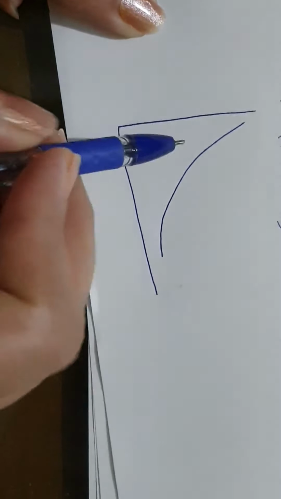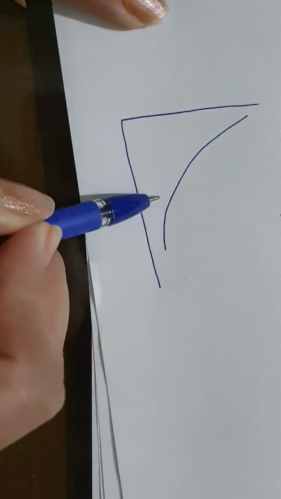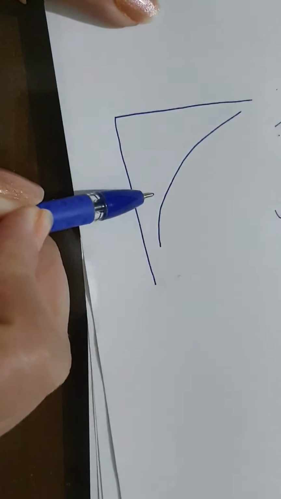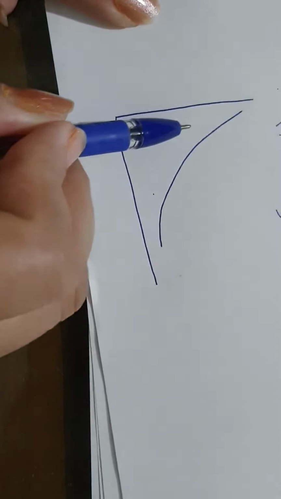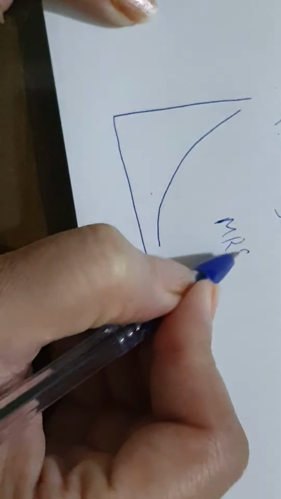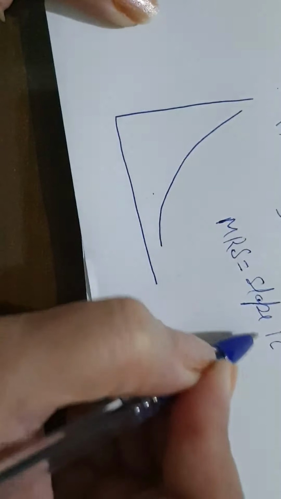When I am saying that while moving from this point to this point your marginal rate of substitution is decreasing, actually I am saying that the slope of the indifference curve is decreasing, because the marginal rate of substitution is also the slope of the indifference curve.